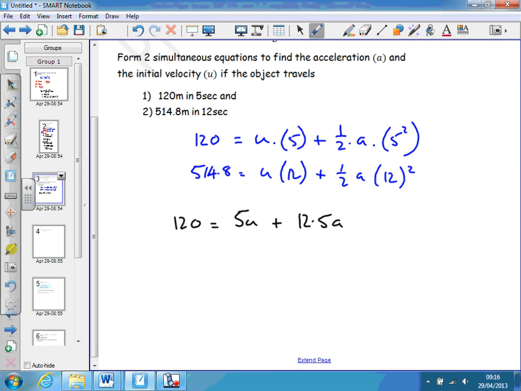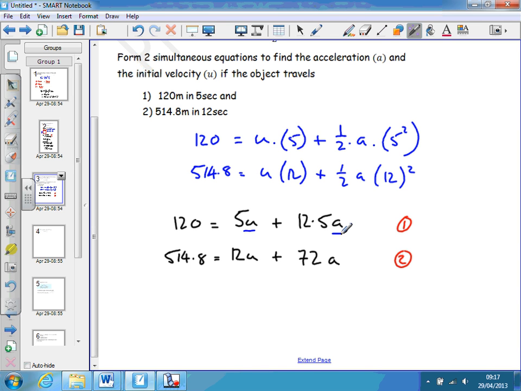We can do a similar thing for the second one. 514.8 equals 12u plus 12 squared is 144, half of 144 is 72a. So now we have two equations. Let's call them 1 and 2. Two equations, two unknowns, u and a. And so, in theory, we can find them.